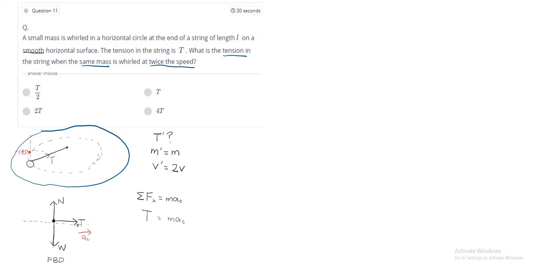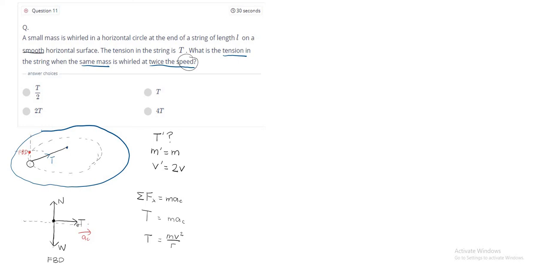What's along the direction of acceleration, which is T, minus what is opposite, away from the center of the circle, which is nothing. So T equals mac, and we want to relate it to speed. That's why it's more appropriate for us to change it to mv squared over r. So this is the relation that we want to find. We want to find tension in terms of speed.